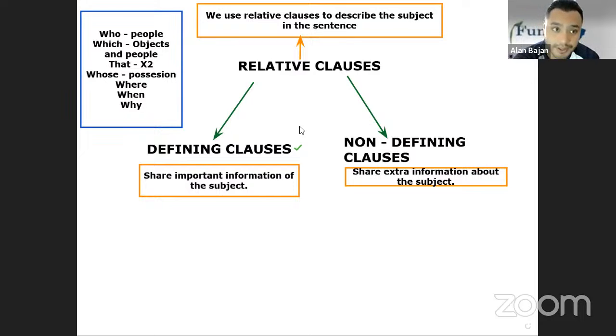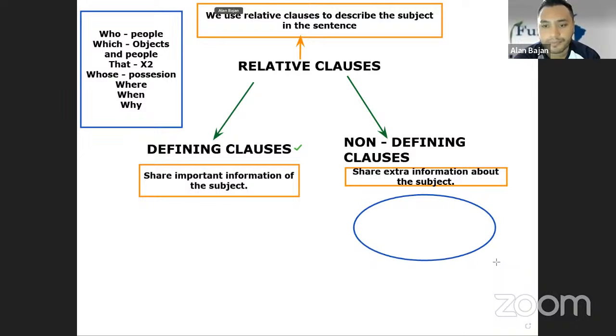And then we have where, when, and why. Non-defining clauses, they need commas.